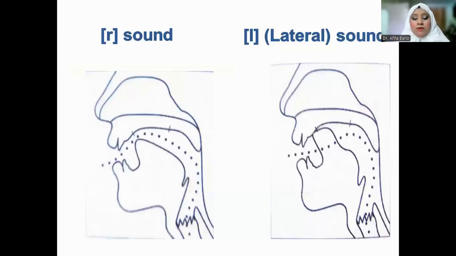For the ra sound, we raise our tongue up and curl it a little bit, and then we produce the sound ra. But the la sound is also called a lateral sound. We touch the tip of the tongue to the alveolar ridge, and then we release la. The air passes through the sides of the tongue.